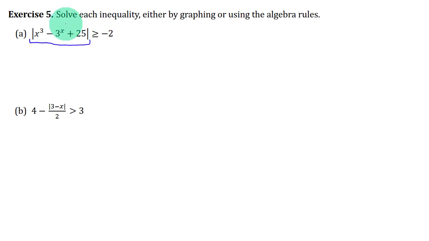So this is saying this thing that's always positive is greater than or equal to -2, and any positive number is greater than or equal to -2. So it doesn't matter what x is, whatever number you have on the left, it's going to work. So any real number is a solution.